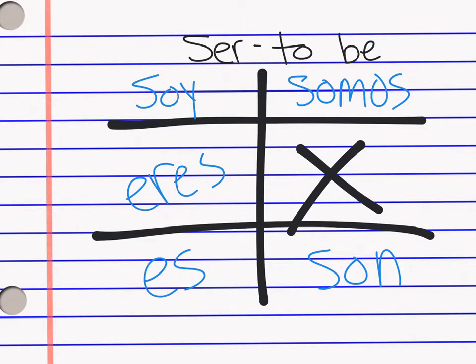It could mean he is, it could mean she is, it can mean you, in a formal situation, are, or it could even mean it is, based off of the location in the verb conjugation chart. The same thing for nosotros, and it's the same thing for ellos, ellas, and ustedes son. I want you to be able to look at this chart and know almost what lies behind it.